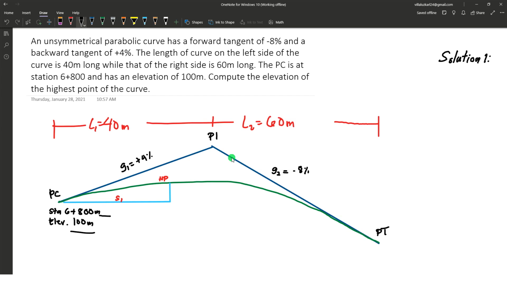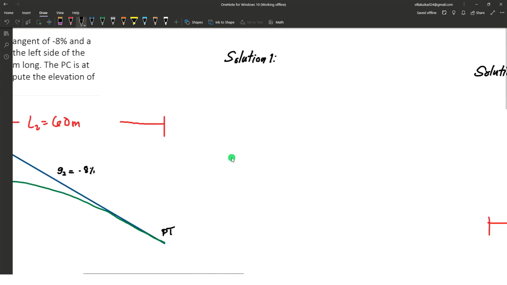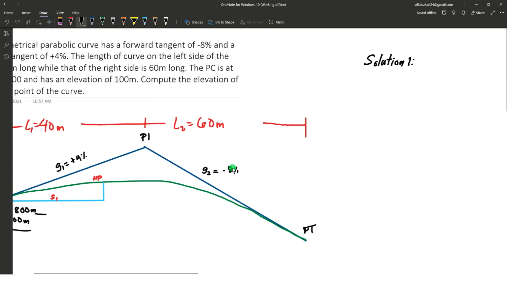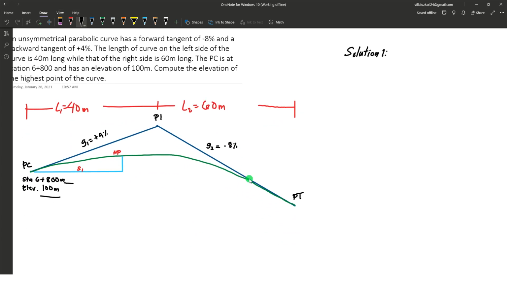So the first solution is we use the formula-based solution, in which we compute first H. As we recall the formula, we have H, which is equal to L1 L2 times G1 plus G2 over 2 times L1 plus L2.